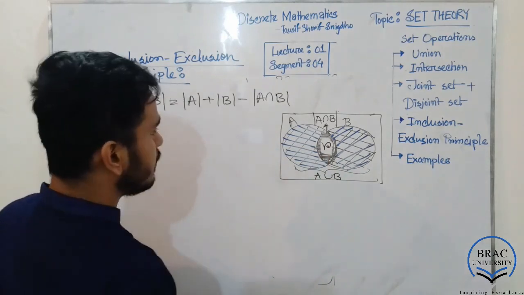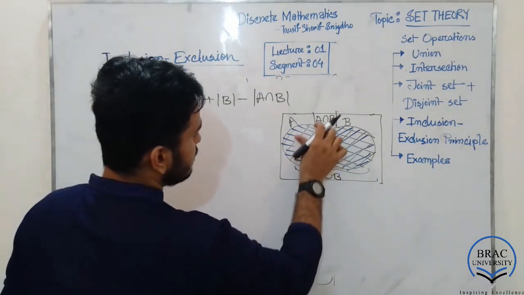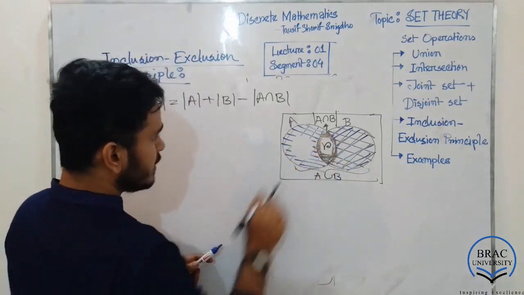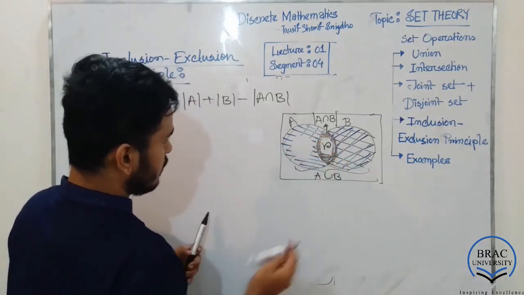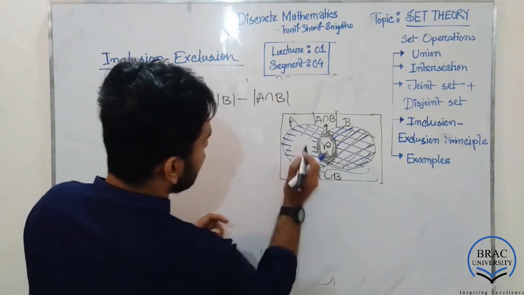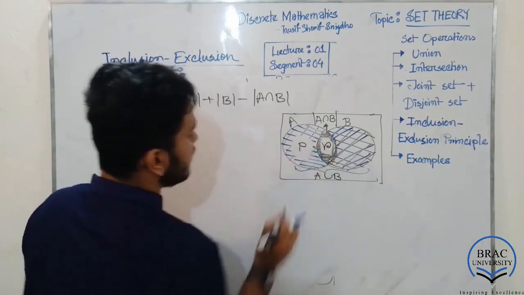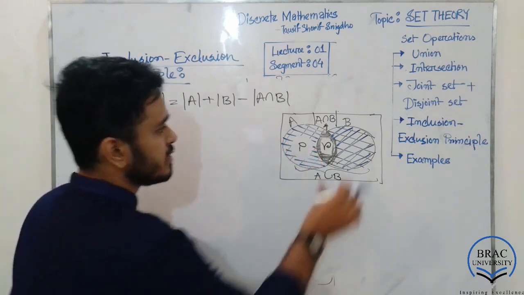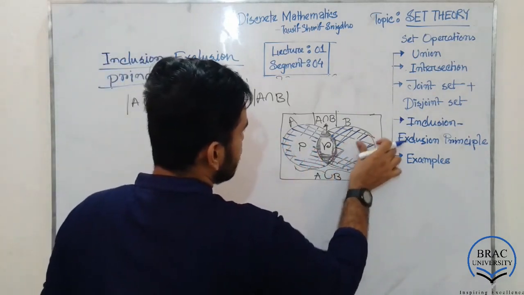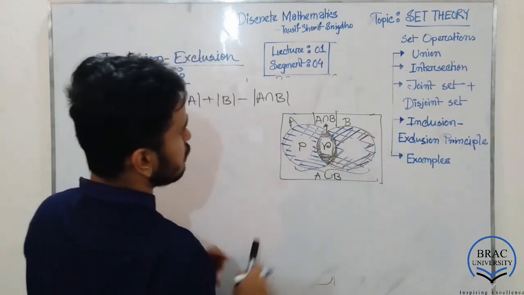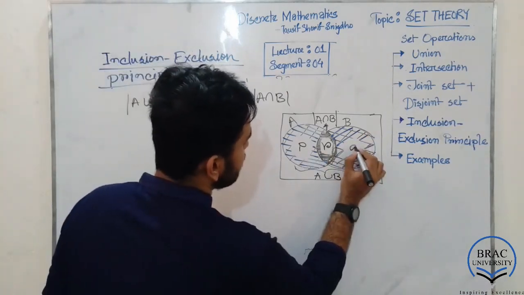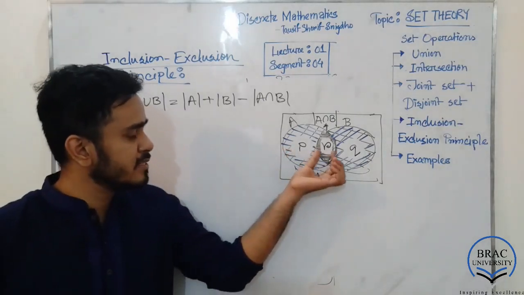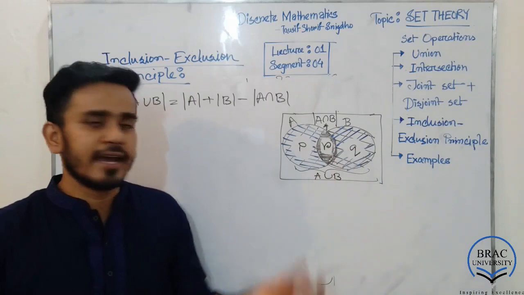Okay, and here the left side of A intersection B, this region has P elements in it, and similarly, the region to the right of A intersection B has Q elements in it. Right? So this has P elements, this has R elements, and this has Q elements.